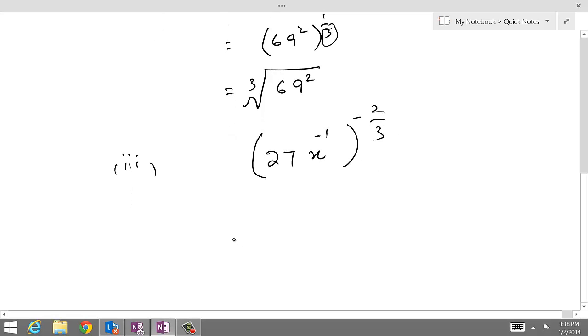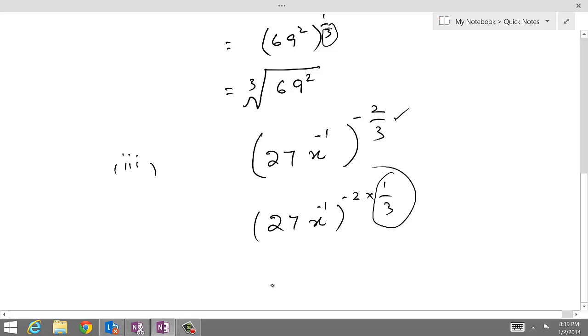Because this is exponential form, we separate 1 by 3 in the power here. So this would be 27 x power minus 1 power minus 2 times 1 over 3.